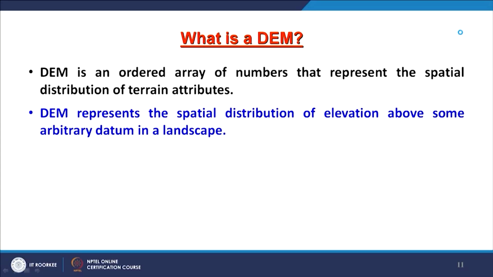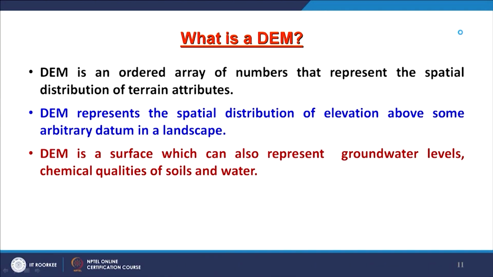Generally a typical digital elevation model which we use represents elevation values above mean sea level, and these are continuous surfaces. If the cell value is not elevation, then we can replace it with groundwater levels, chemical qualities of soil or water and other things.